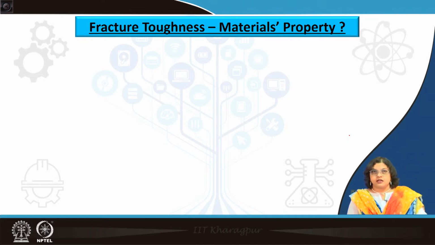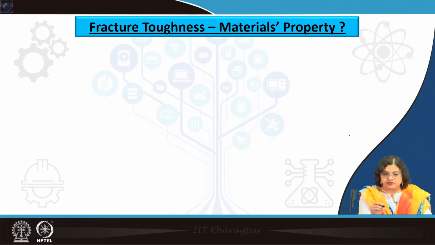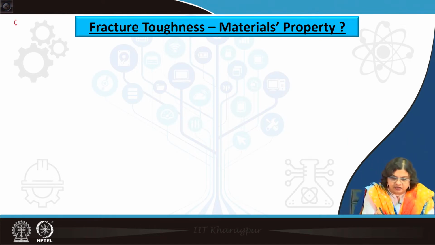As I have just mentioned, fracture toughness values do change for plane strain or plane stress condition. On the other hand, we have also seen right from the Griffith criterion, that fracture strength is given by root over 2 E gamma s by pi a.